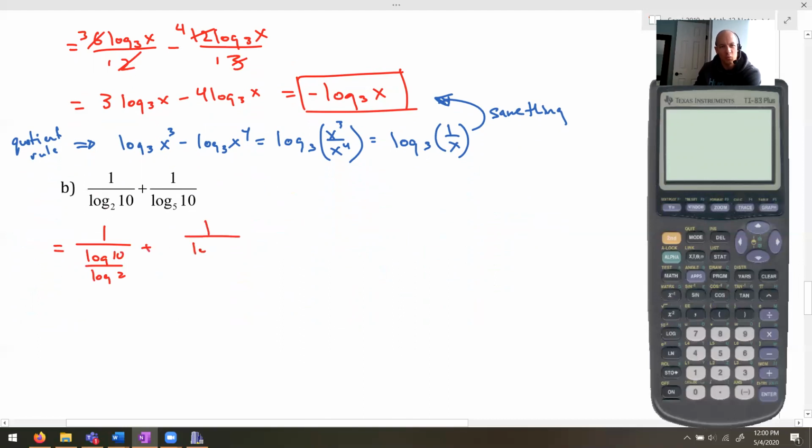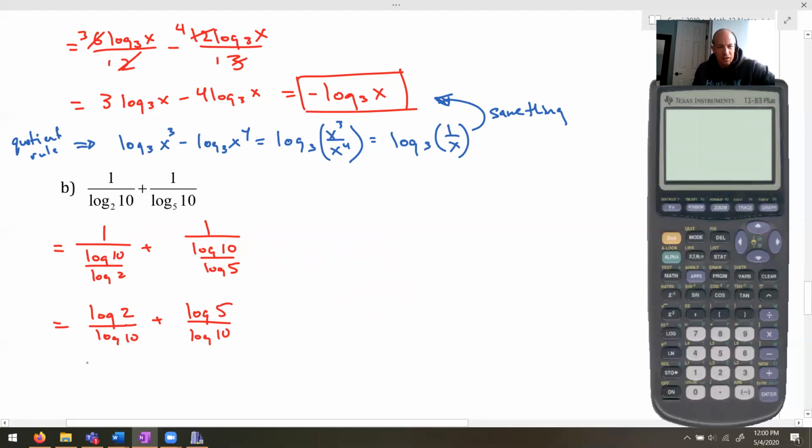Now, this is gross, so remember 1 divided by a fraction means you can just take the bottom and flip it, so this turns into log 2 over log 10, and then this turns into log 5. I realize I just said base 10, I just meant log 10, and we get this.